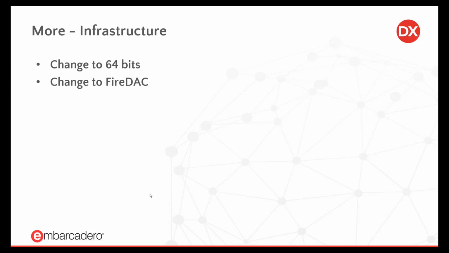Now, what else can you do on your application? Of course, you can do the change to 64 bits. Of course, you can change the database connection. Notice that this is done at the very end. This is again a recommendation based on my experience and what I think is a good way to migrate. In my opinion, it's important to make sure that the application runs before we do infrastructure changes.